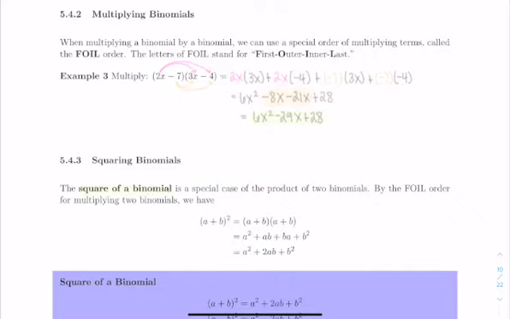So when it says the first terms, that's the 2x times the 3x. The outer terms are the 2x and the -4. The inside terms are -7 and 3x. And the last terms are -7 and -4. But I just did the exact same thing that I did in the previous example.